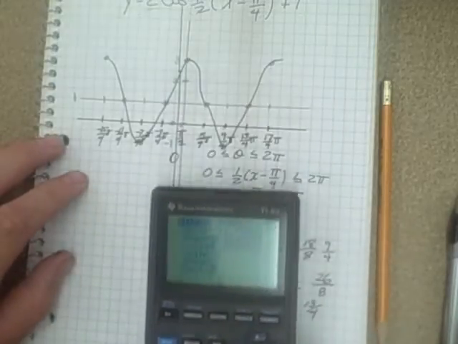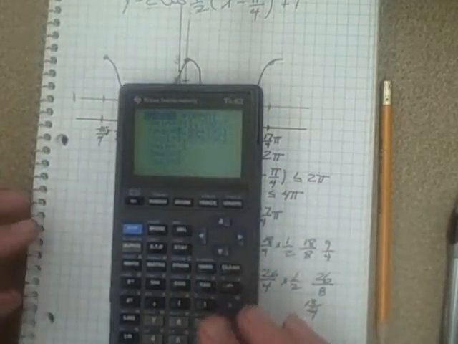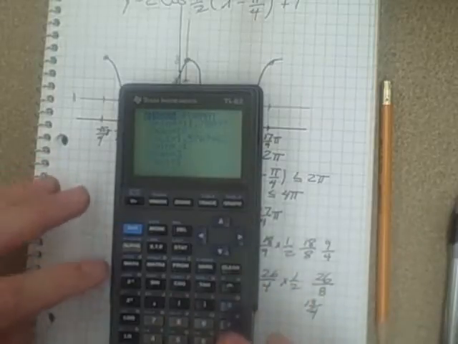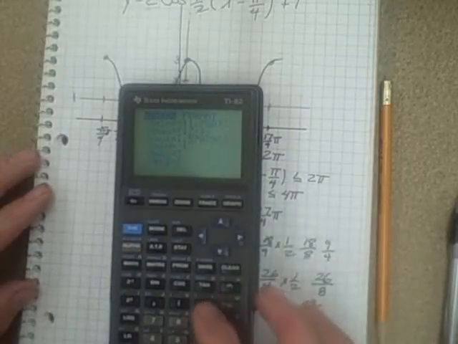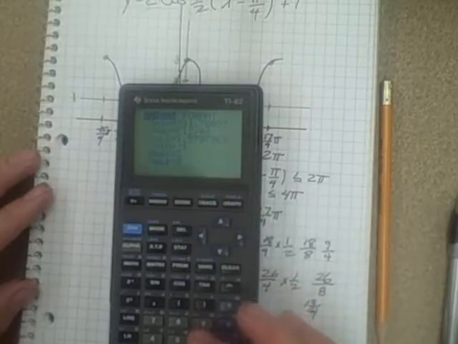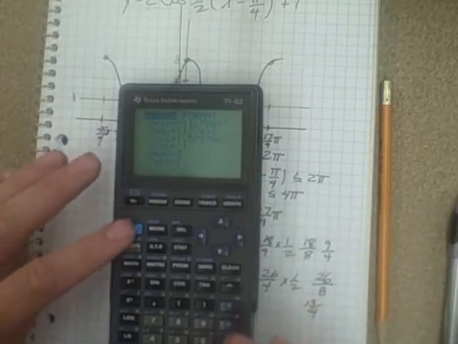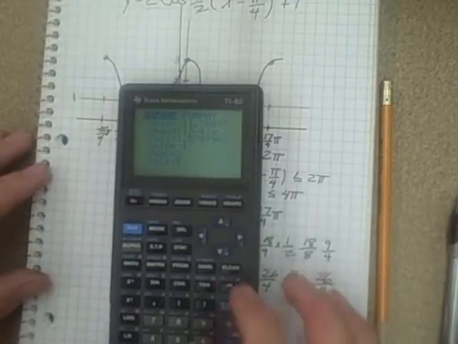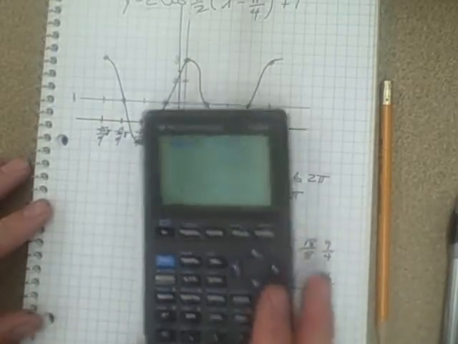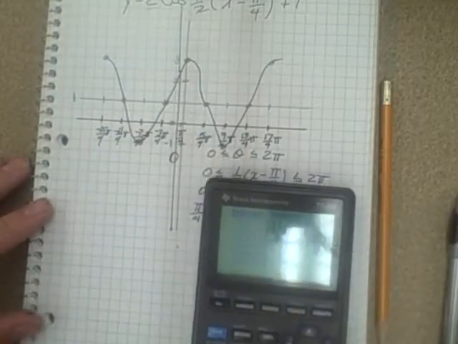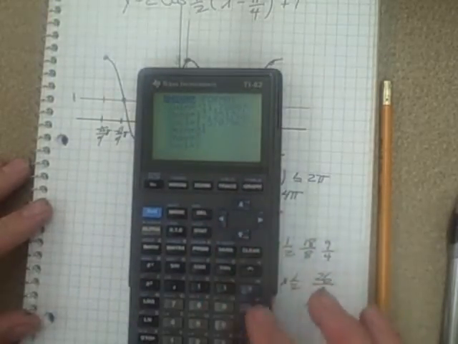And then I want to go up to 17/4 pi, so just do that in brackets, 17 divided by 4, close the bracket, pi. Keep the same interval there. The maximum and minimum for y, it's going to go up to 3 and down to negative 1. So there's a negative 1 and 3.